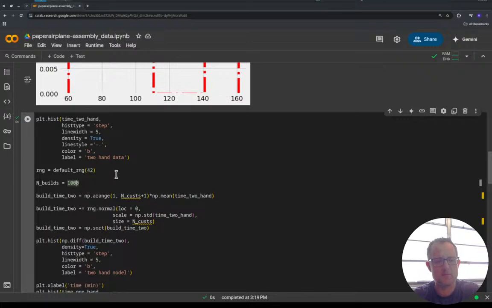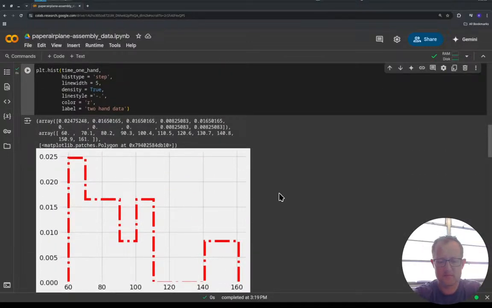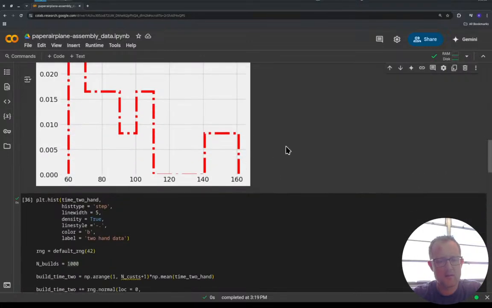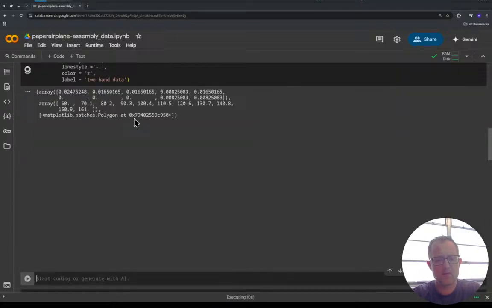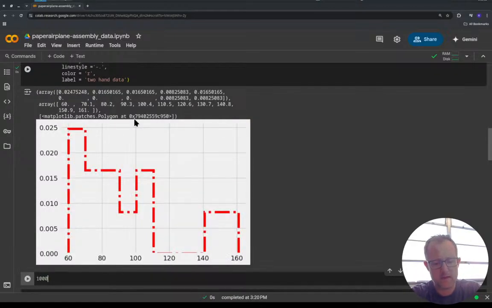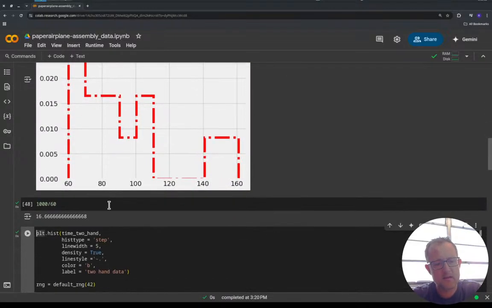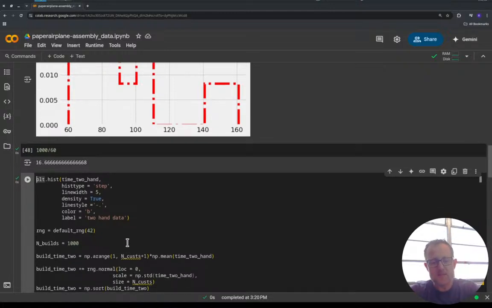How long is 1,000 minutes? 1,000 divided by 60. So someone's not going to sit there for 17 hours folding paper airplanes, but over 2 8-hour days, we're just going to assume the 9 to 5 paper folding, or even with a lunch break. But anyway, time is just ticking on.